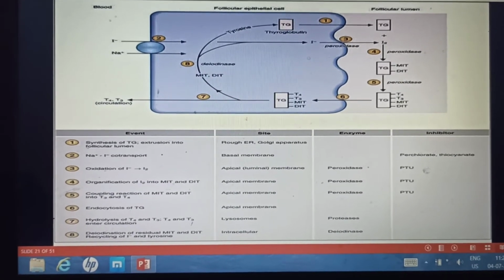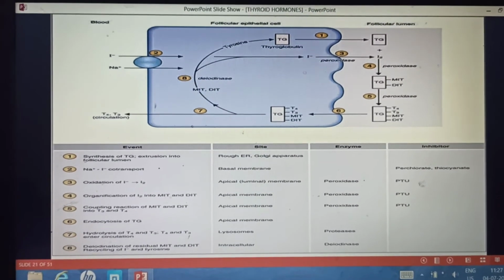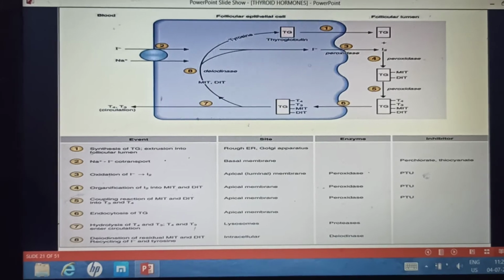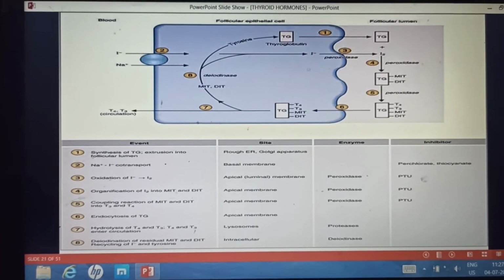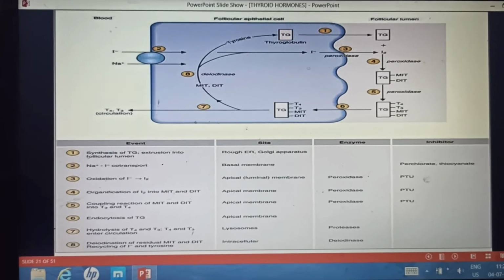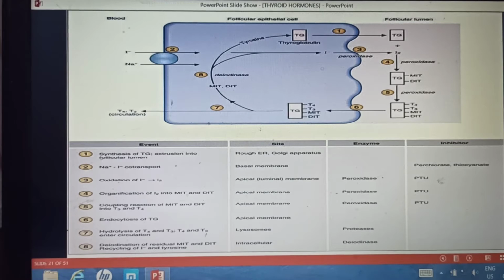Then endocytosis takes place. And then proteolysis or hydrolysis takes place in the lysosomes to release T3 and T4 into the cytosol, and then they are released into the circulation.